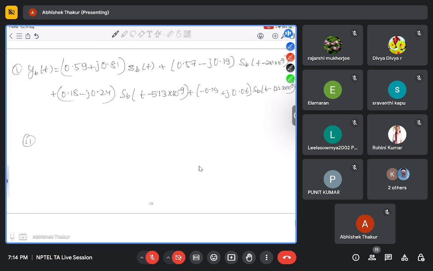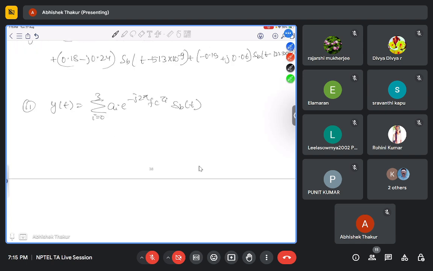Now part 2, y(t) is equal to summation of i equal to 0 to 3 a_i e to the power of minus j 2 pi f_c tau_i times s_b(t). So this will be 1.14 plus j 0.44.